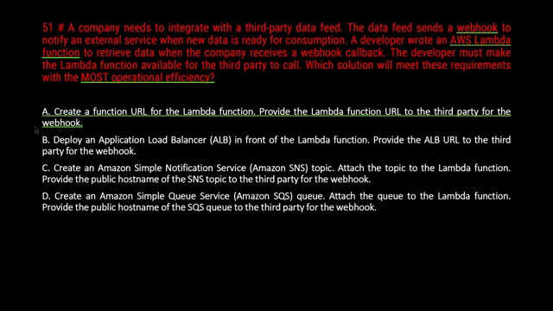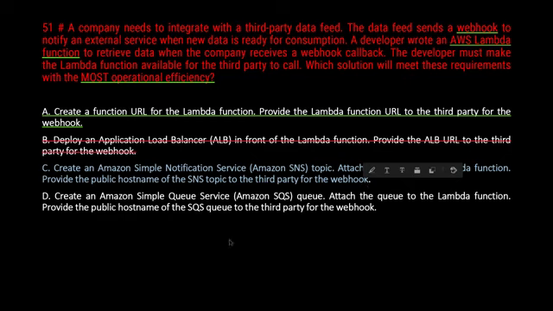Looking at the other option, deploy an application load balancer in front of the Lambda function, provide the ALB URL to the third party for the webhook. It doesn't work that way. Load balancing happens on EC2 machines, etc., not on a Lambda function.